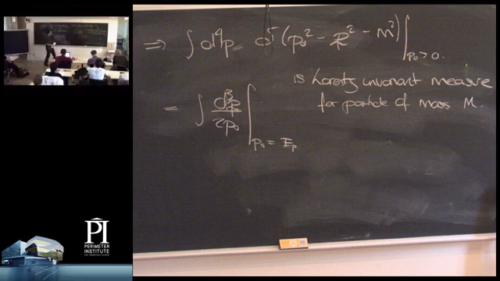So if you want to integrate over 3 momenta and not 4 momenta in a Lorentz invariant fashion, you have to put a 1 over 2 times the relativistic energy of the particle.